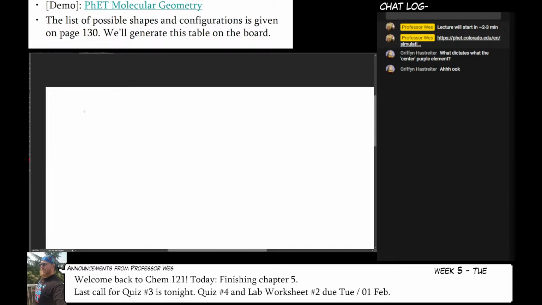So I'm going to make a column, number of electron groups. And then I'm going to make a sort of row going in this direction. Number of, oh, that's not an eraser. Why are you like this? That's bizarre. Oh, I know why.